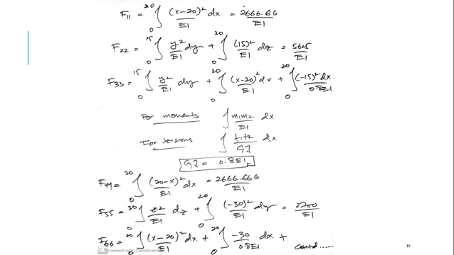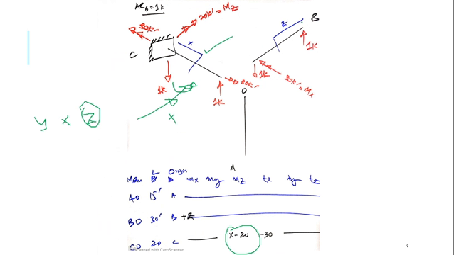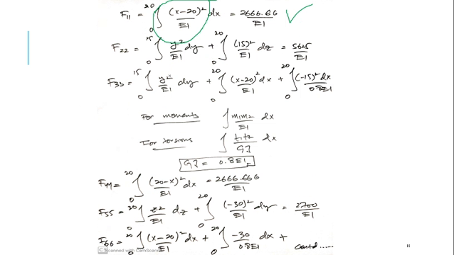I have multiplied x minus 20 with itself, and we have got this value. Similarly, for F22, F33, F44, F55, F66, all these matrices would be multiplied with themselves.